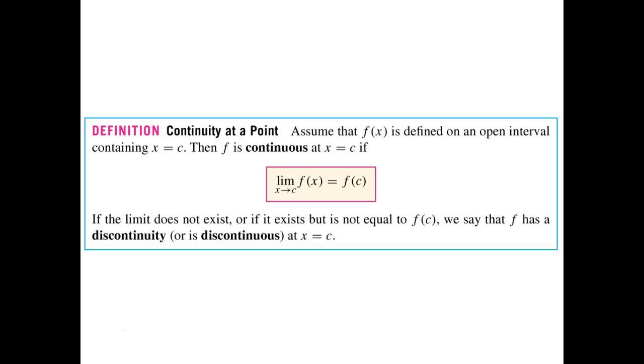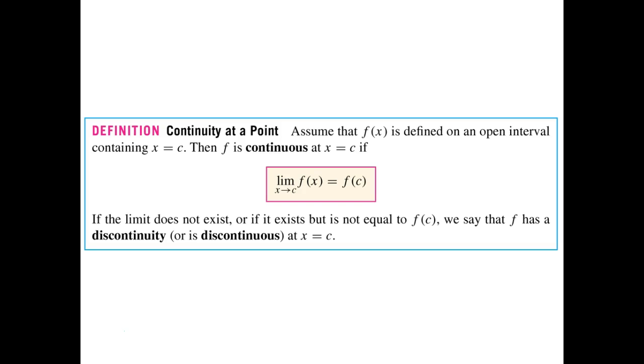Okay? Now what that means, of course, is the left and right hand limits both exist. Of course they have to, but not only that, the value of the function is, see, before we were saying except maybe at c, now we're saying f at c has to be defined, and if it is, that has to be the limit.